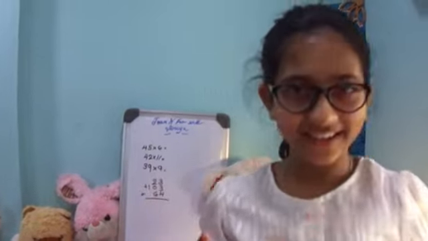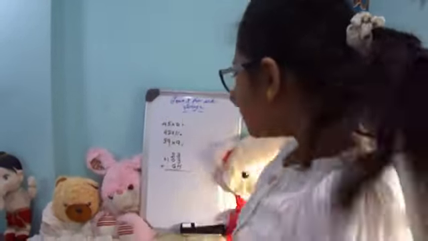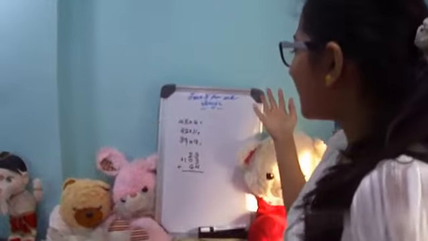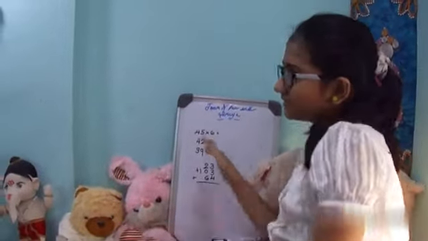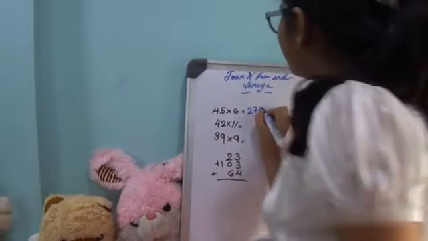As I said, abacus is a process to solve calculations really fast, faster than normal. These are a few examples. Can you tell 45 into 6 just by looking at it? I can tell. 45 into 6 will be 270.